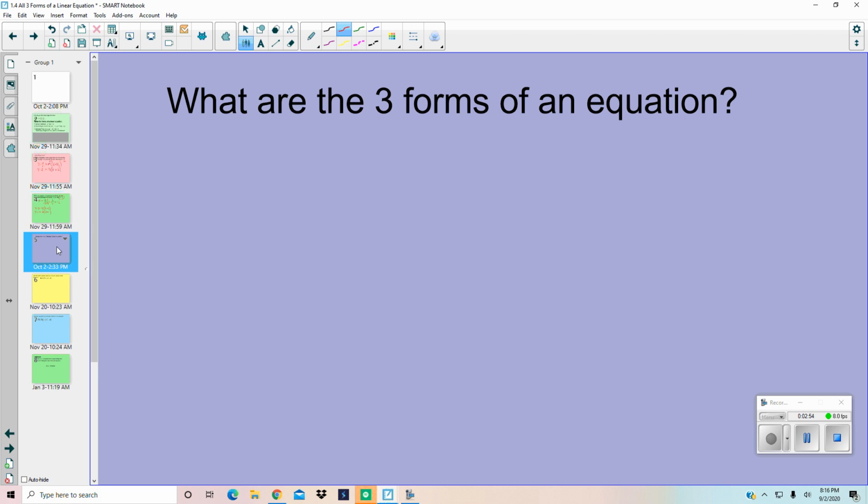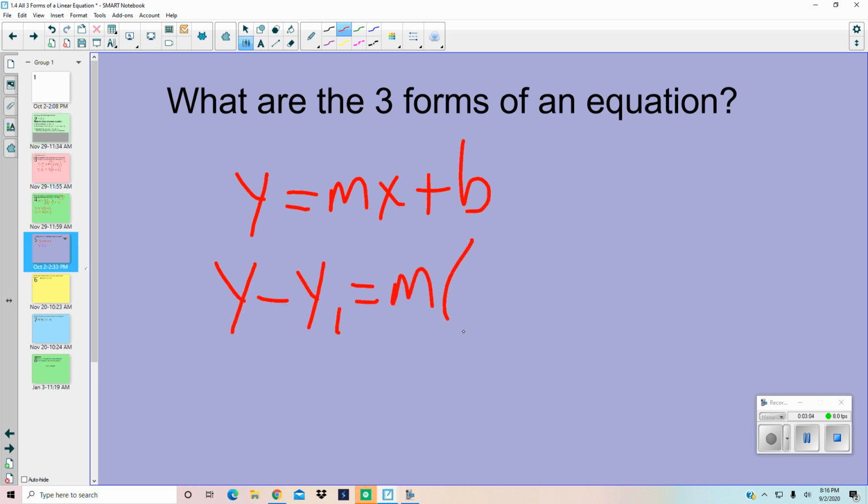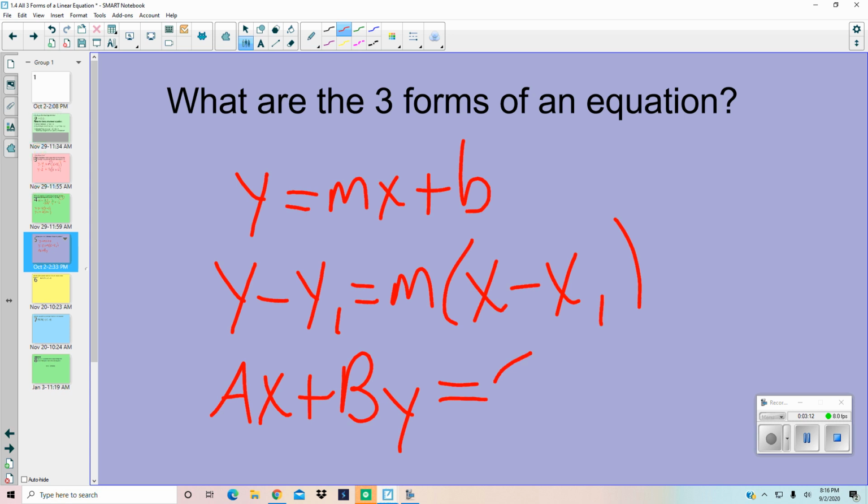Okay, so 3 forms of an equation. Slope-intercept form, y equals mx plus b. Point-slope form, y minus y1 equals m times x minus x1. And then standard form, ax plus by equals c. And that form is when you have no decimals or fractions.